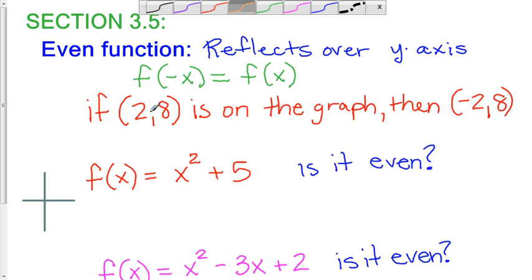Or if you had a (-2, 8), then if it's even, (2, 8) would also be there. So here's a function, f of x equals x squared plus 5.